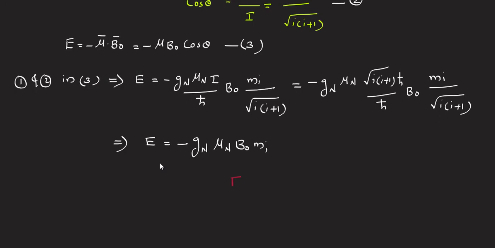We can say that E equal to minus Gn mu n B0 mi.